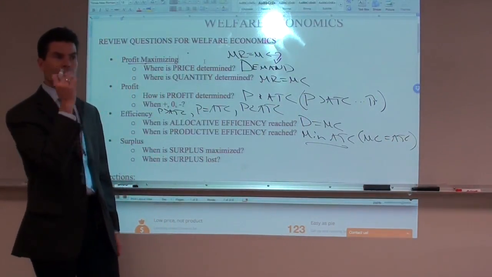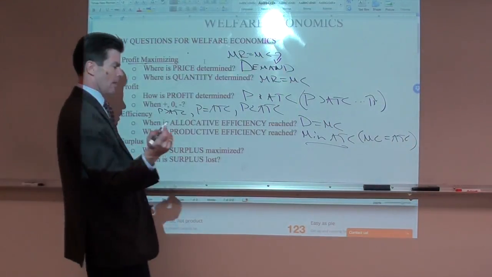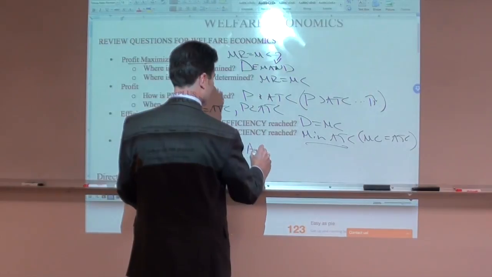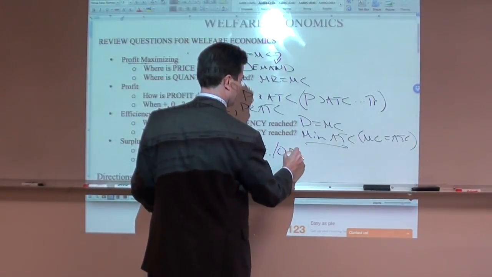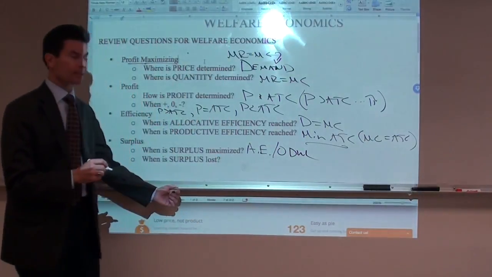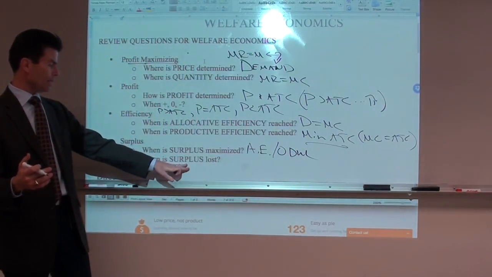That's productively efficient. It says surplus. When is surplus maximized? Surplus is maximized, you could have said when you are at allocative efficiency, or you could also say when you have zero deadweight loss. Either way. All right, so when is surplus lost?